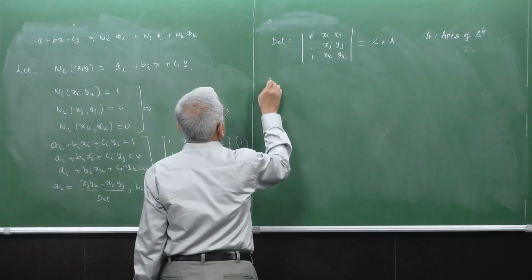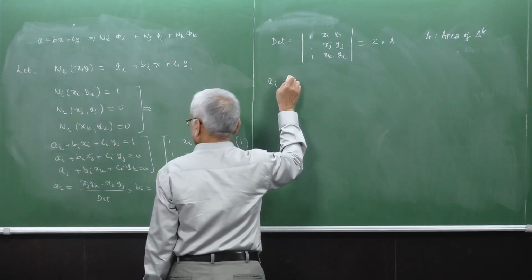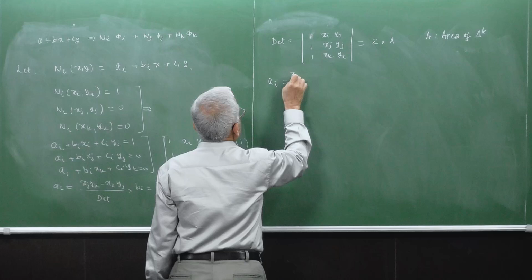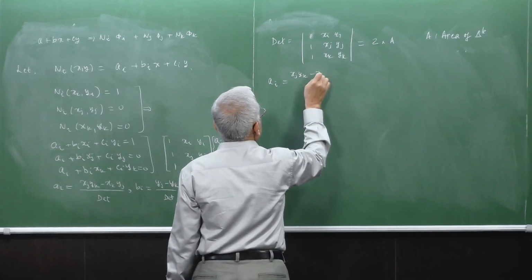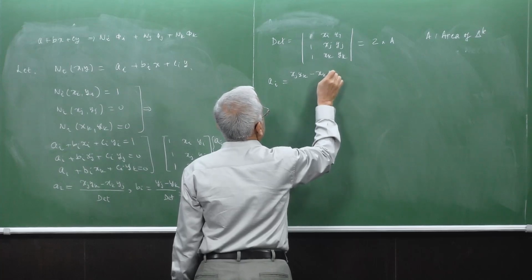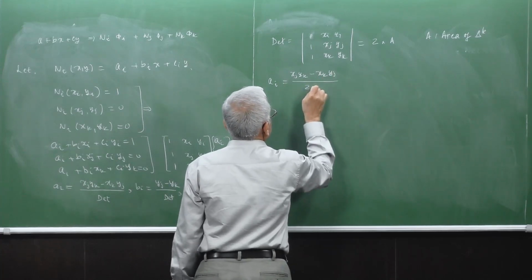And essentially you now have ai equal to xj yk minus xk yj divided by twice the area.